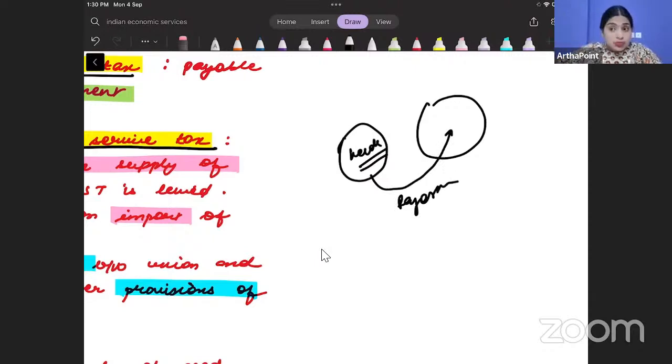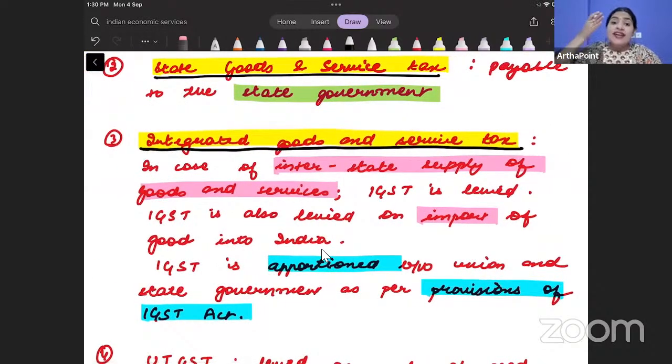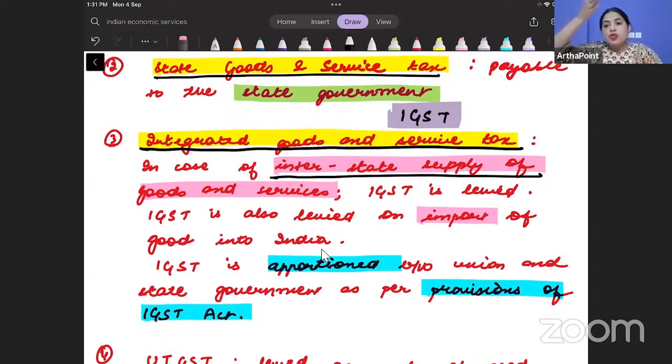That means it is crossing borders. बहुत सारे borders cross कर रहे हैं. So when it is crossing borders, you have to apply interstate tax. That interstate tax is known as integrated GST, IGST. So IGST is put whenever you have interstate supply of goods, when you move from one state to another. And the business between two states, that is called inter.